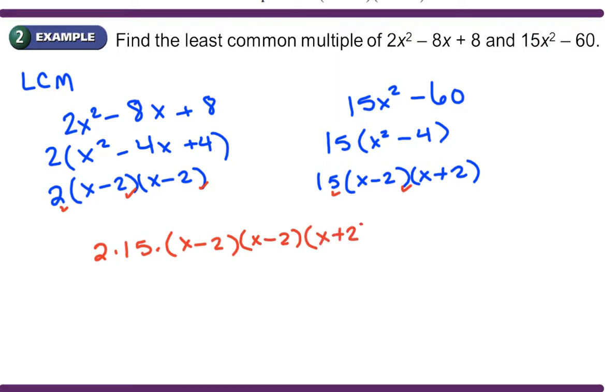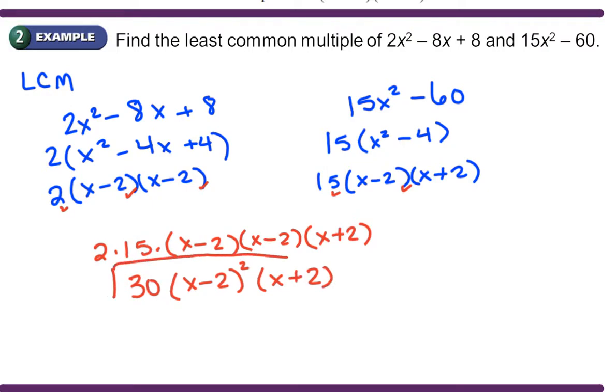Well, this one's going to have x plus 2. So now we have 2 times 15, which is 30. And then we have x minus 2 squared, or you can have x minus 2, and then x plus 2. This is your answer.